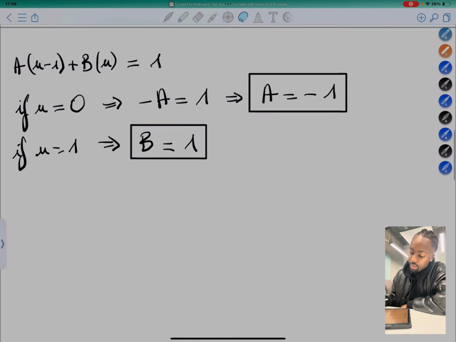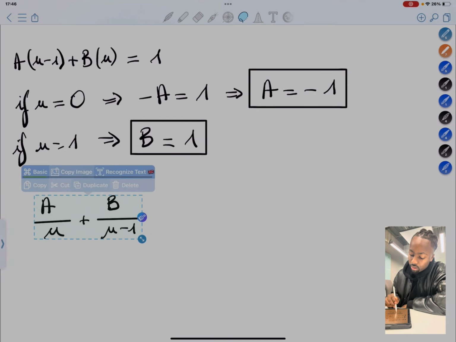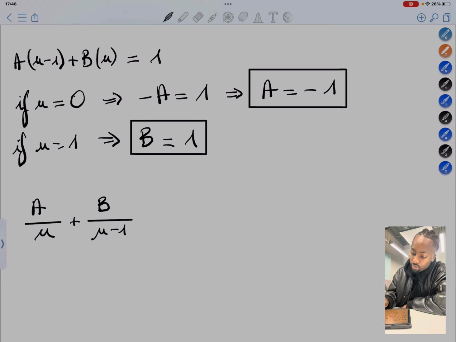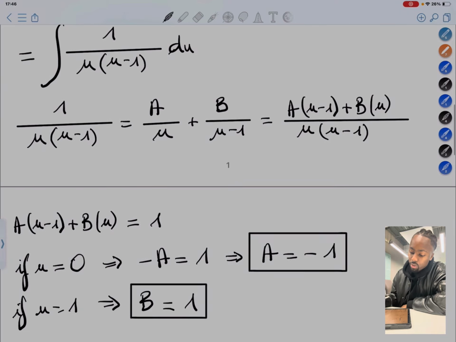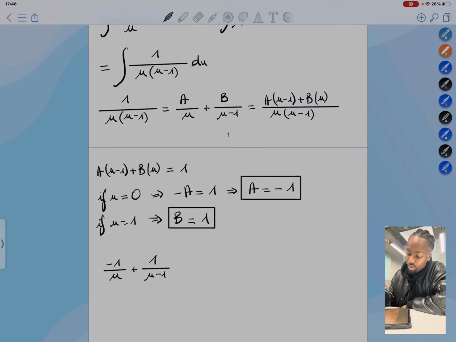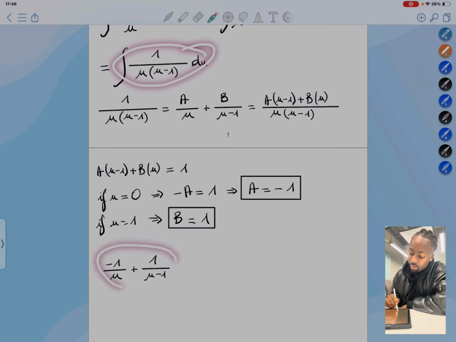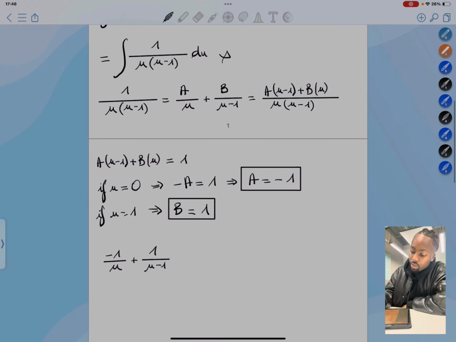So what we wanted to write was this, so we can just copy it and then substitute a and b. So we have a to be minus 1 and b to be 1. So we have written this one here as the sum of two fractions. So we can write this integral as the integral of this with respect to u.